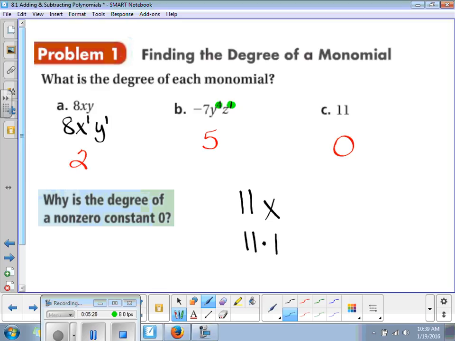What exponent makes x equal to 1? Anything raised to the blank power is equal to 1. What's that blank? 0. So any base raised to the 0 power will be equal to 1. So this is the reason why for any constant, the degree is equal to 0. Got it?